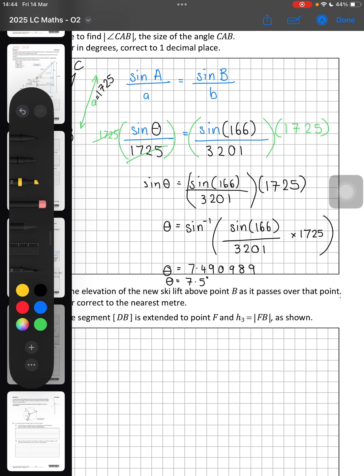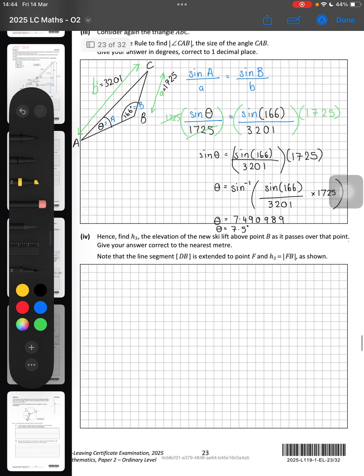Okay, and then lastly, hence find H3, the elevation of the new ski lift above point B as it passes over that point. Okay, so let's draw out a sketch of this triangle again.